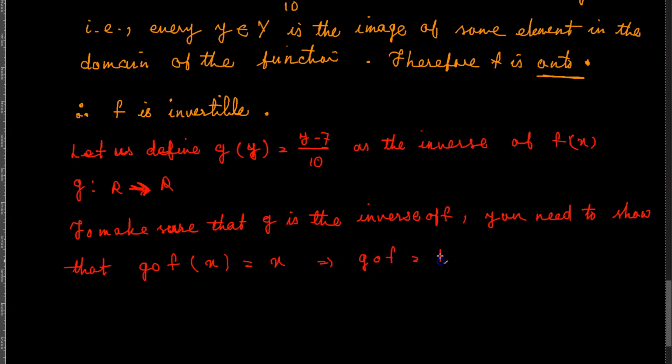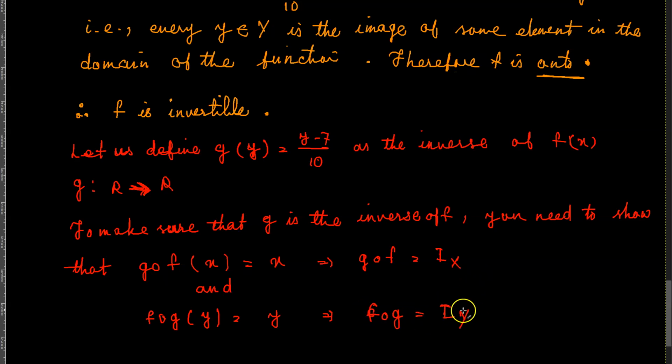g o f is equal to I of x, the identity function on the domain of f, and also f o g of y is equal to y, which implies that f o g is equal to I of y, right?